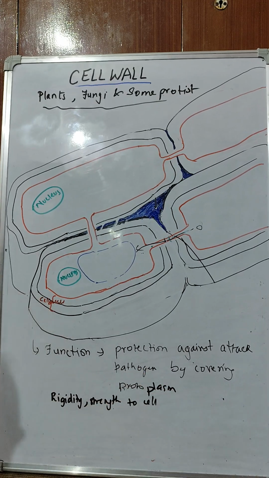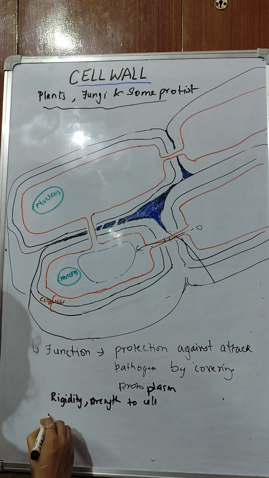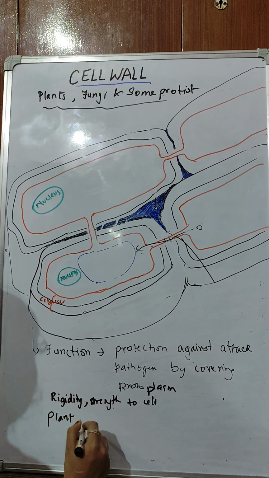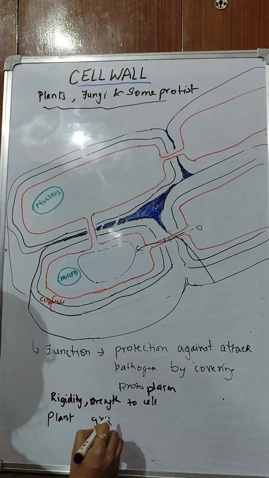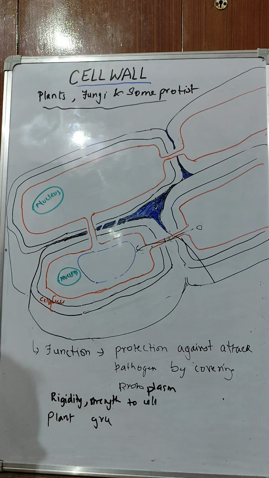With the help of cell wall, plants are able to withstand the gravitational force. They can stand against the gravitational force also due to the presence of cell wall.